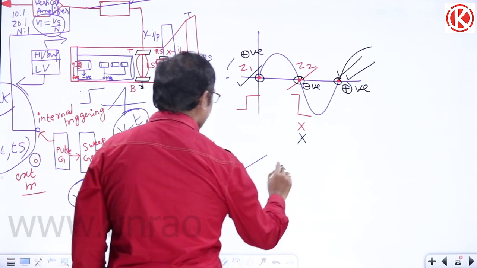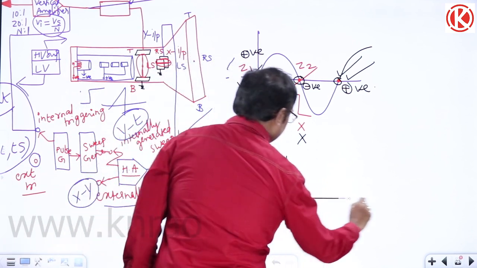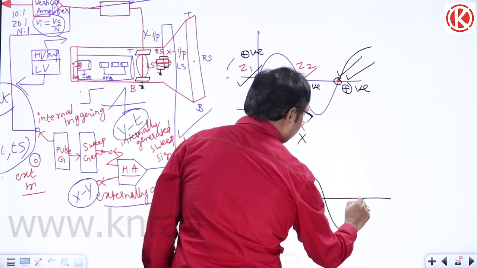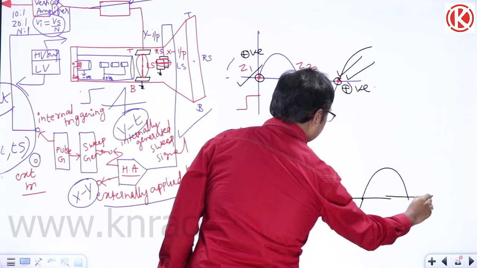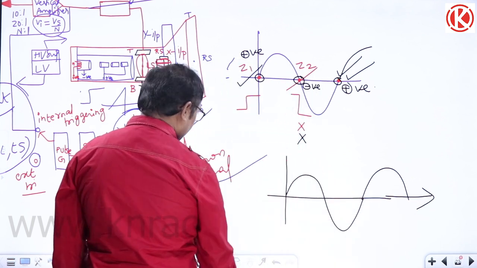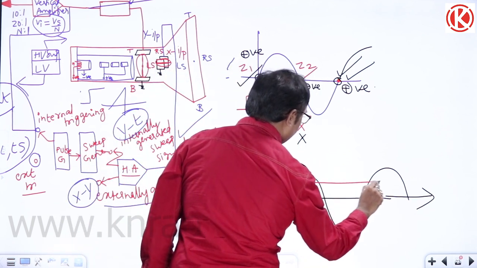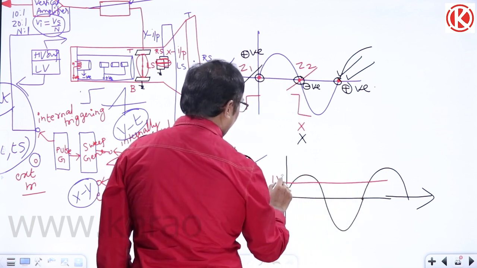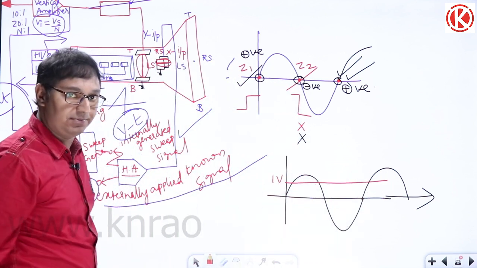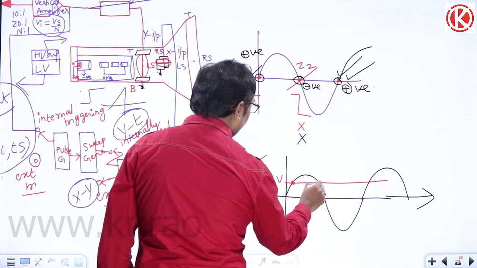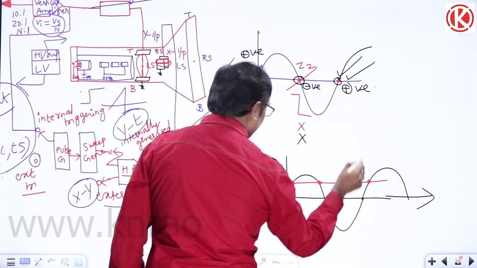Okay, I will give one more example to you, don't worry. Yes, suppose this is the sine waveform. You tell me, if I take a 1 volt DC voltage like this, as a reference, here one zero crossing is there, here one zero crossing is there, here one zero crossing is there.